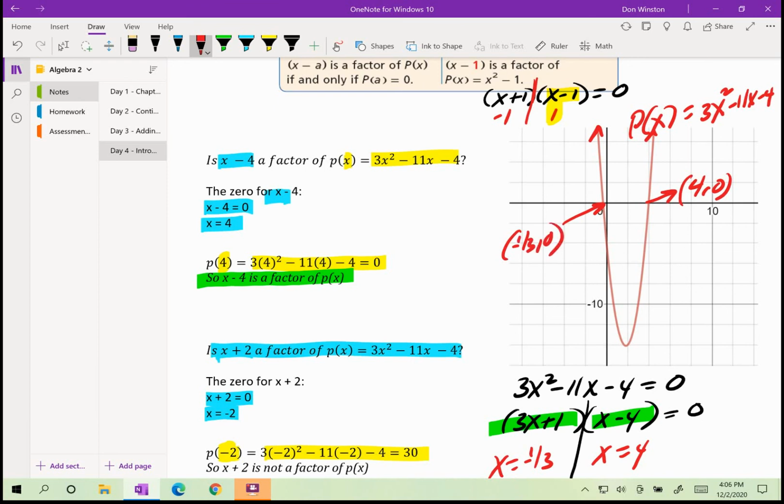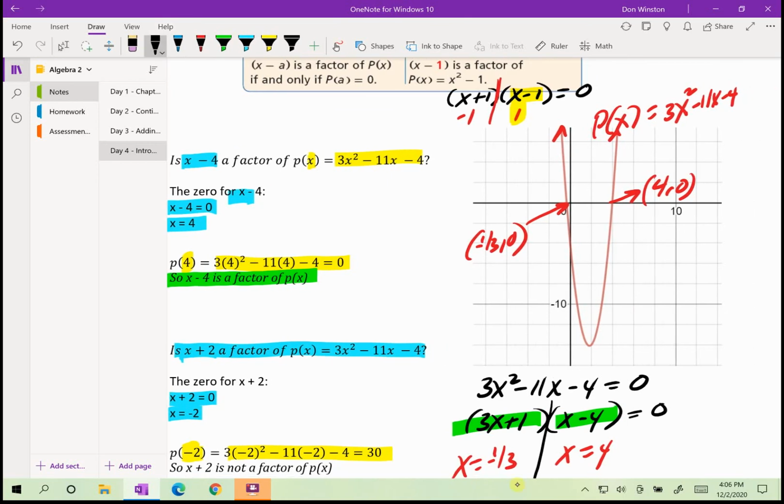Okay, and all the theorem really says this. If my 0 was 4, then my factor was x minus 4, right? And if my 0 was negative 1/3, x was equal to negative 1/3. Multiply by 3, 3x equals negative 1, and 3x plus 1. So the other factor would have been 3x plus 1.